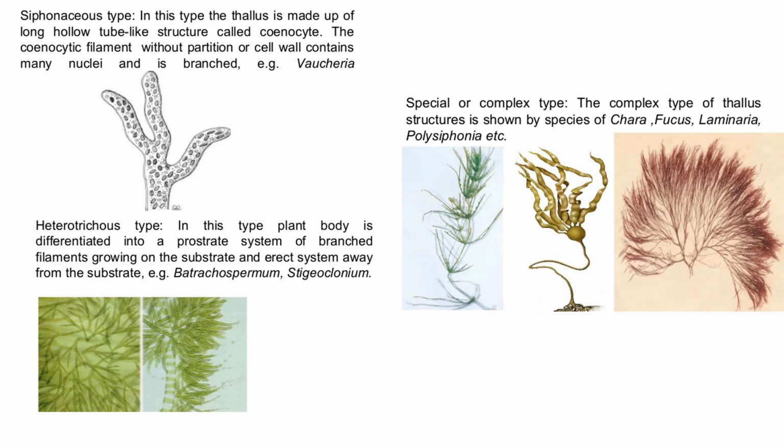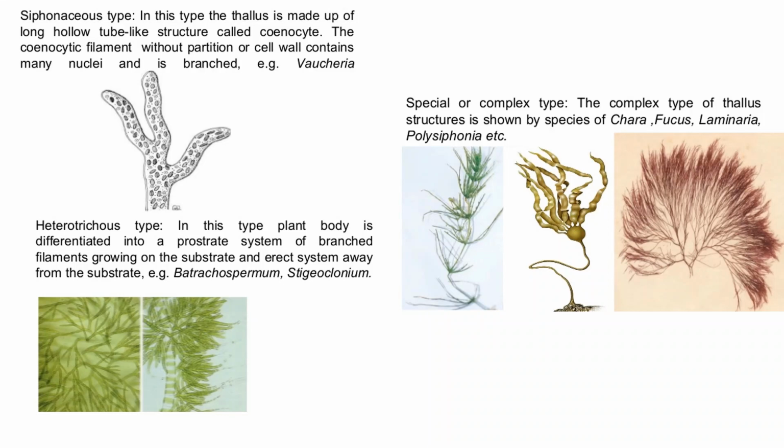Coenocytic cells do not have any cross walls between them. The cells are joined together and multinucleated. So they are known as the siphonous type, or the coenocytic type. This is the thallus type present in Vaucheria.